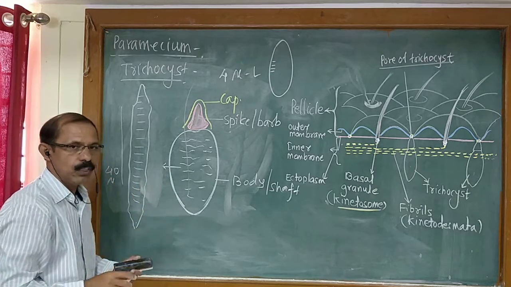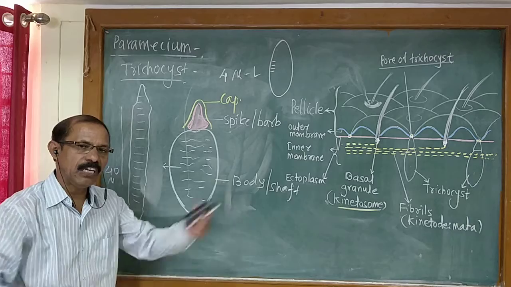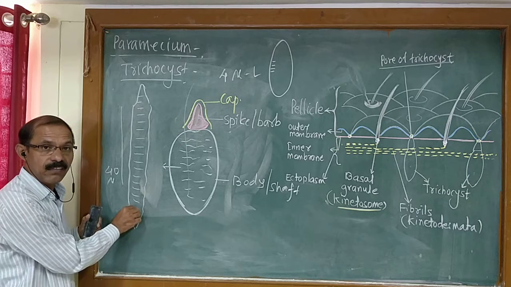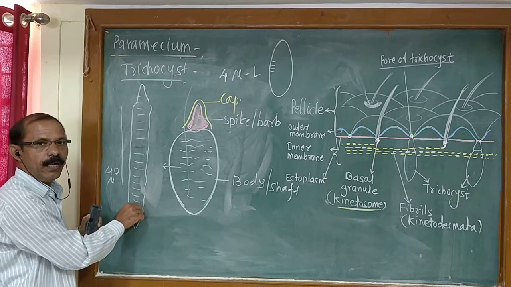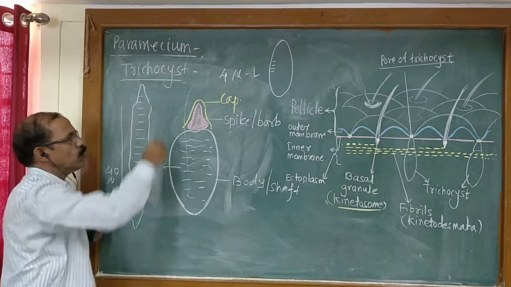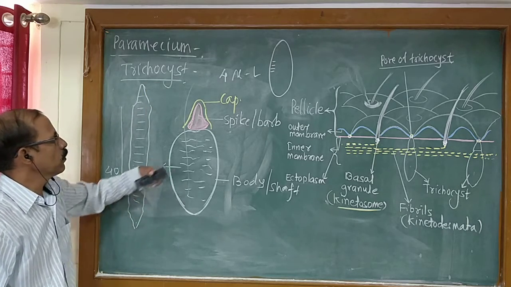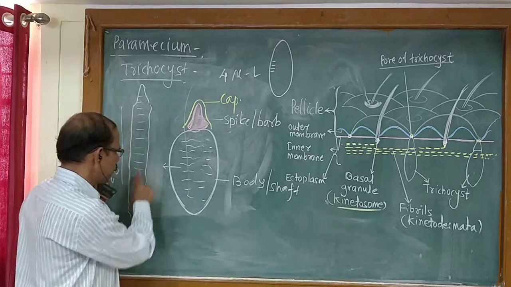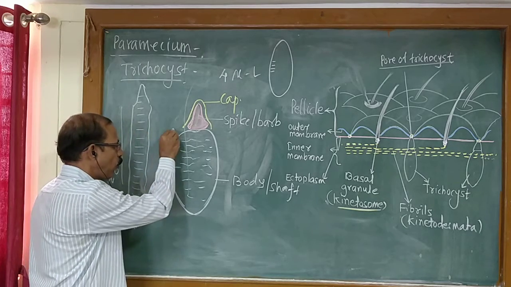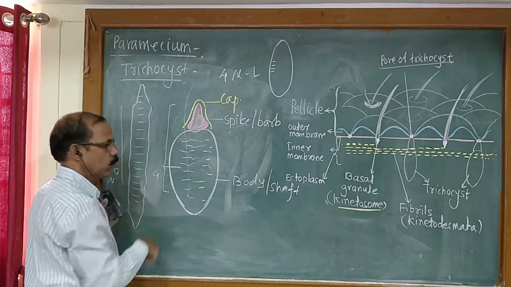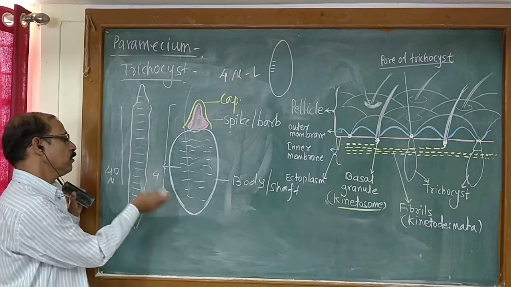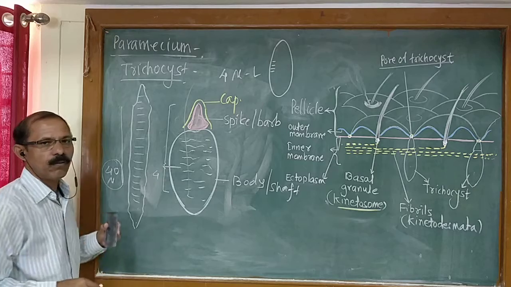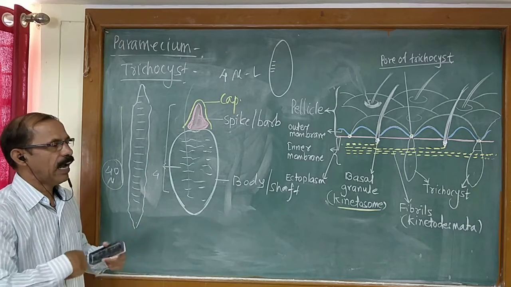So the actual or normal length is 4 micron, and when paramecium discharges trichocyst, it becomes elongated, needle-like, thread-like, along with the trichinin, and is discharged out.